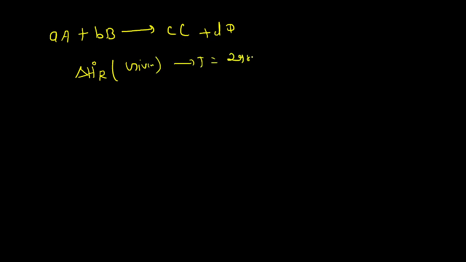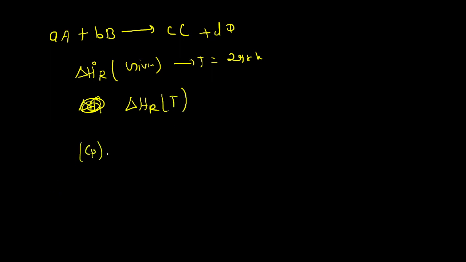If aA plus bB gives cC plus dD, and delta H naught of reaction is given at temperature equal to 298 Kelvin, you'll have to calculate delta H of reaction at temperature T, right?